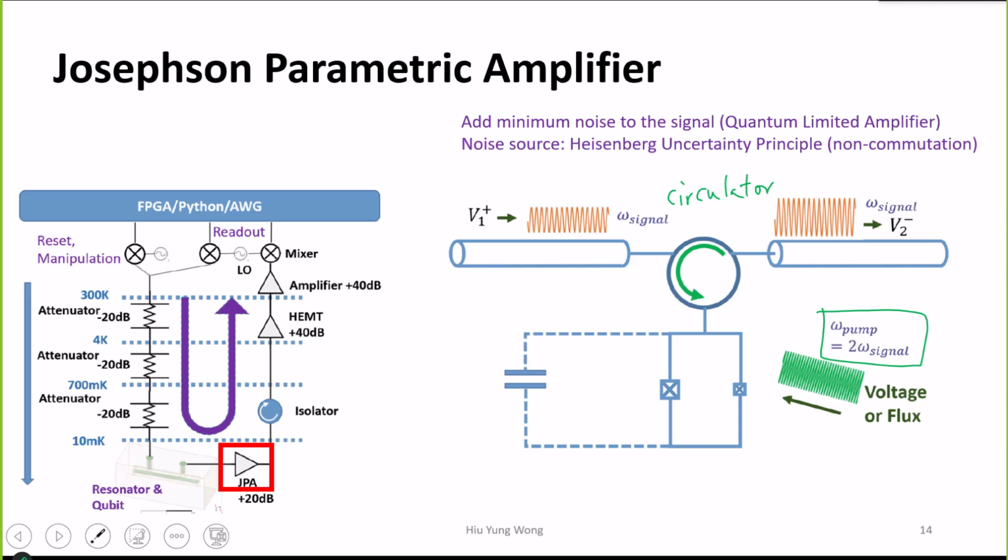Another important thing is that it adds minimum noise to the signal. That's why it's a quantum limited amplifier, right? So you will often see QLA. Another form of them is the traveling wave parametric amplifier, TWPA, right? And the reason you have the noise is due to the Heisenberg uncertainty principle.